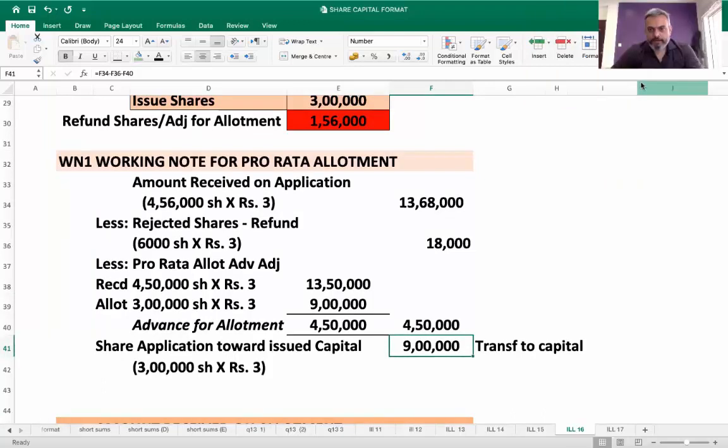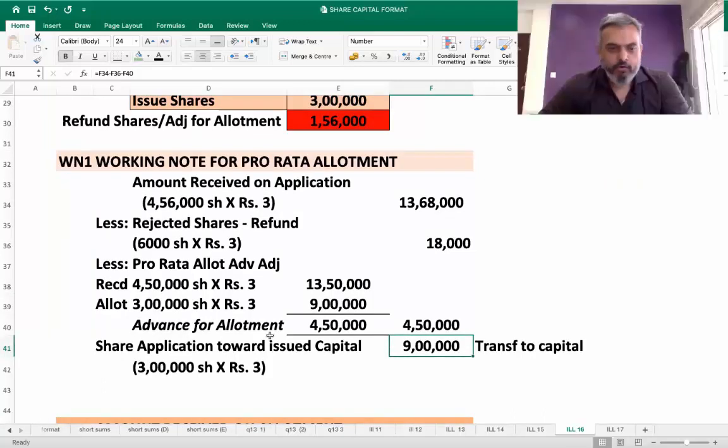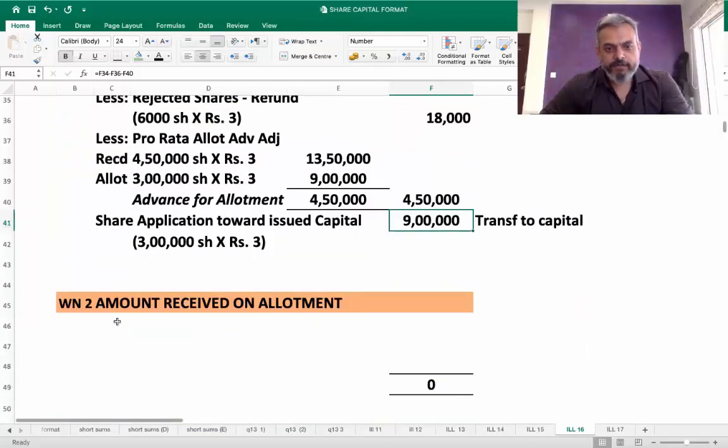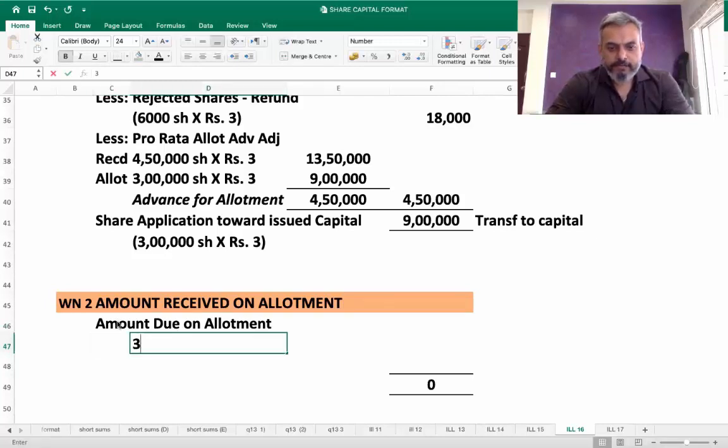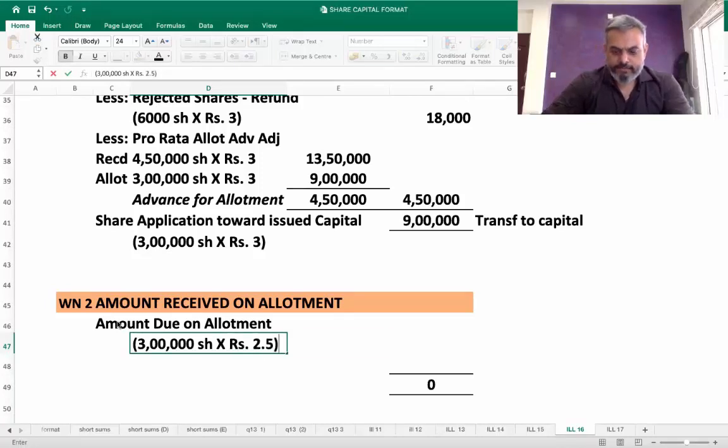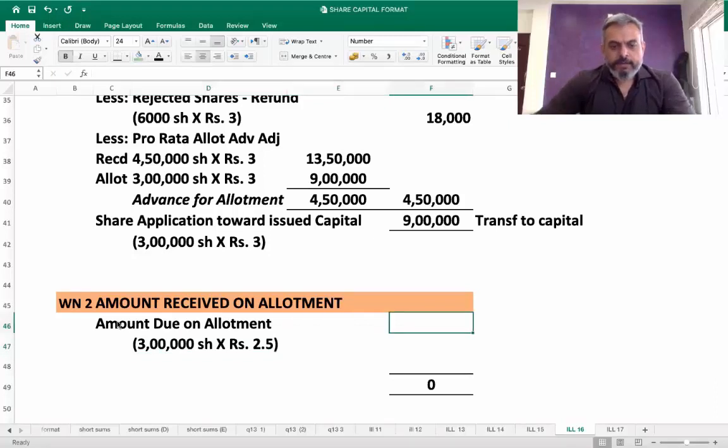Now, let's proceed to working note 2. Amount received on allotment. First, let's write amount due on allotment. So amount due on allotment is 3 lakh shares, write in brackets, 3 lakh shares into rupees 2.5, 7,50,000.